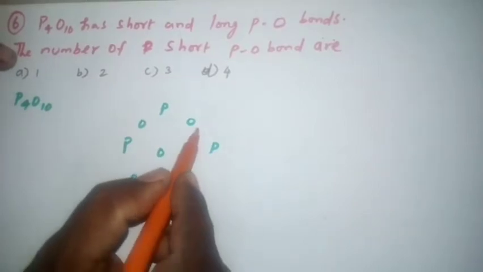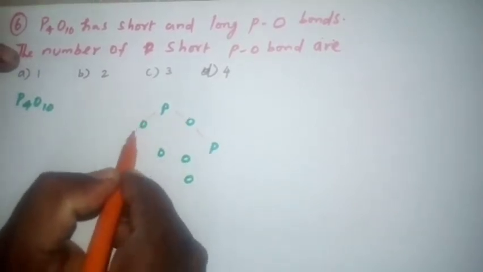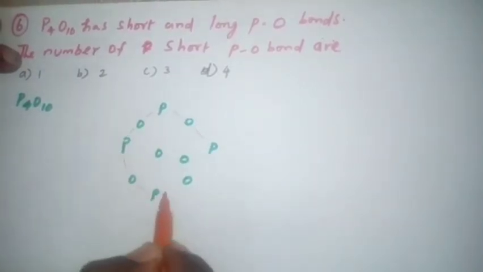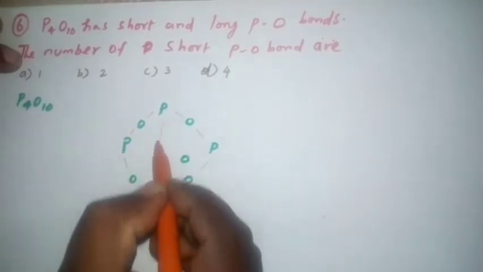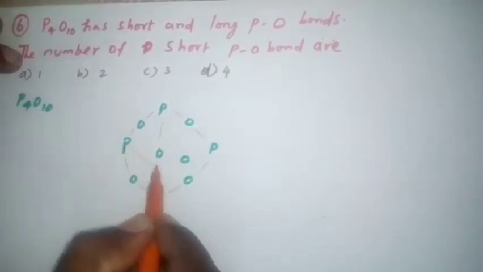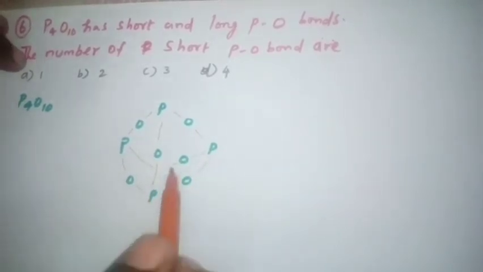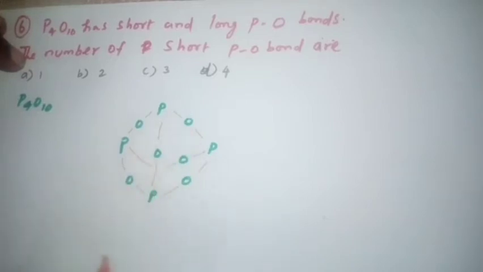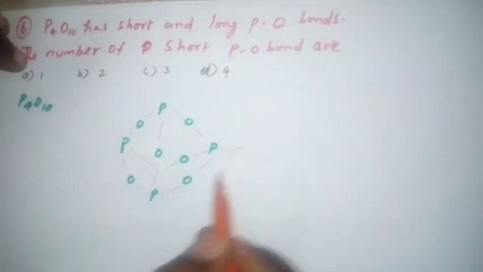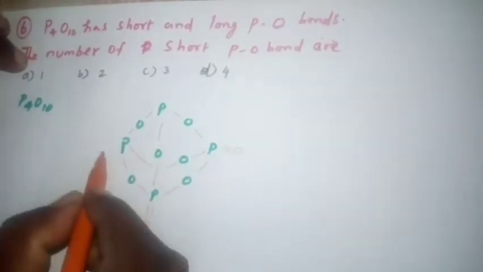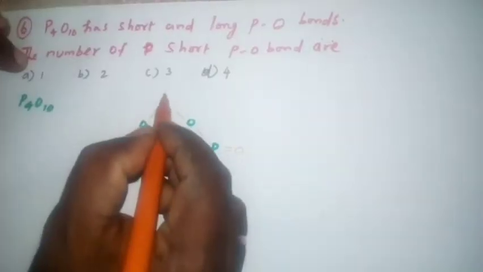Make a bond. Here one. Right. Now total how many oxygen? 1, 2, 3, 4, 5, 6. So remaining 4 oxygen atoms will come as the double bond with phosphorus on the 4 corners.